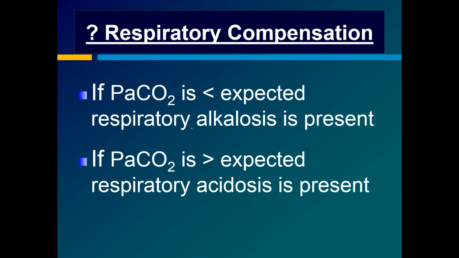If your PCO2 is less than expected, so let's say instead of it being 21 to 25, let's say it's 10 or 12, it's much lower than what you would expect it to be. Some other condition is causing you to hyperventilate, which in acid-base terms really is consistent with a respiratory alkalosis.